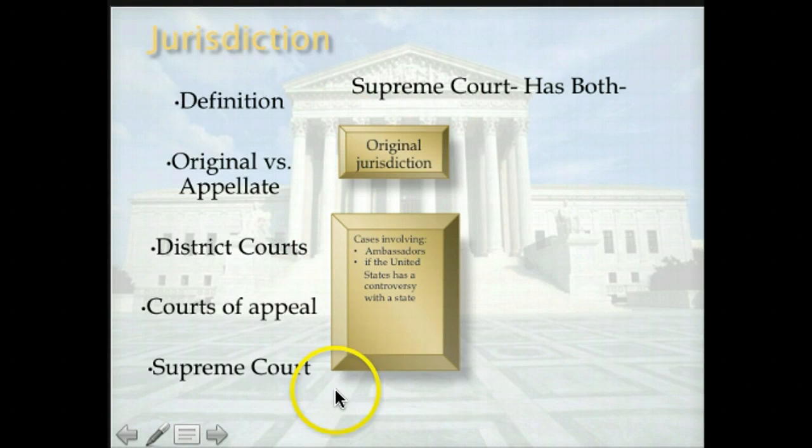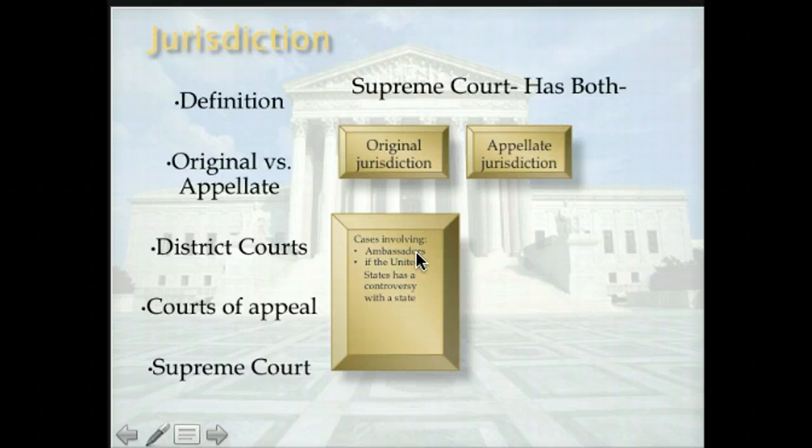All right, so in those 2 situations, where a state is suing the United States, the Supreme Court can hear it. Or if there's a foreign dignitary, and they go before the Supreme Court.